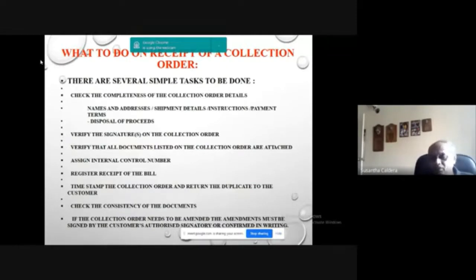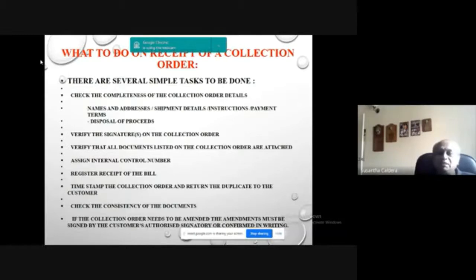But he is very much known to the bank, but doesn't have any signing authority. So we have to verify the signatures. That is why whenever auditors come to the Trade Finance Department, they first check these collection order forms to see whether signatures have been verified. Right?